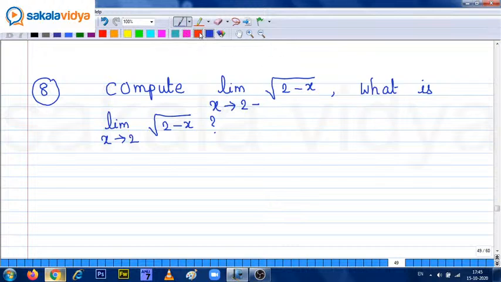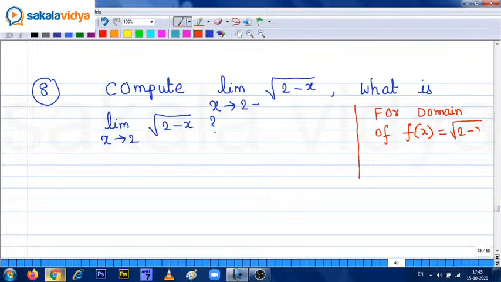Right now, first of all, we need to find out the domain of this function. For the domain of this f of x equal to root of 2 minus x, 2 minus x must be greater than or equal to 0. Multiply with minus 1, you get x minus 2 is less than or equal to 0, x less than or equal to 2.